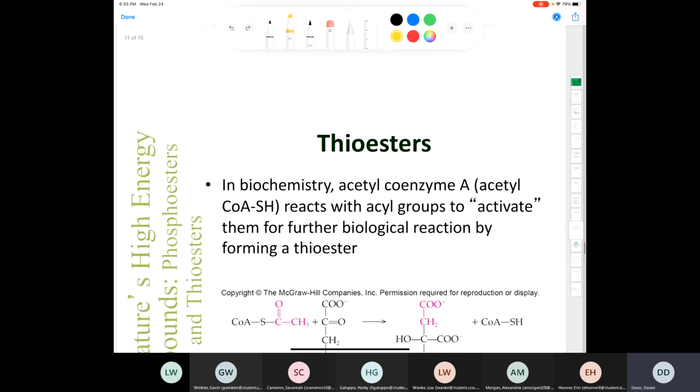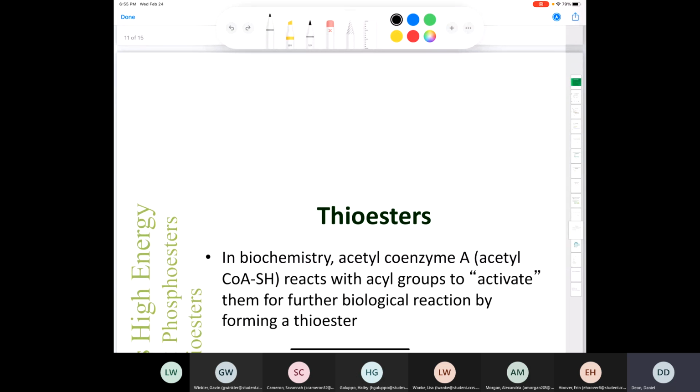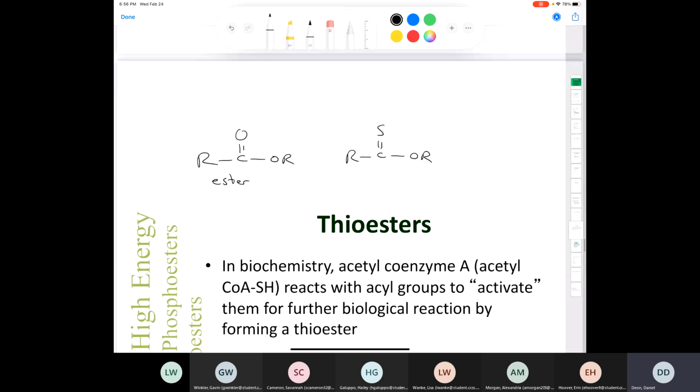A thioester. If you take a regular ester, so here's my ester, like that. If you replace this oxygen over here with a sulfur, then you have a thioester.